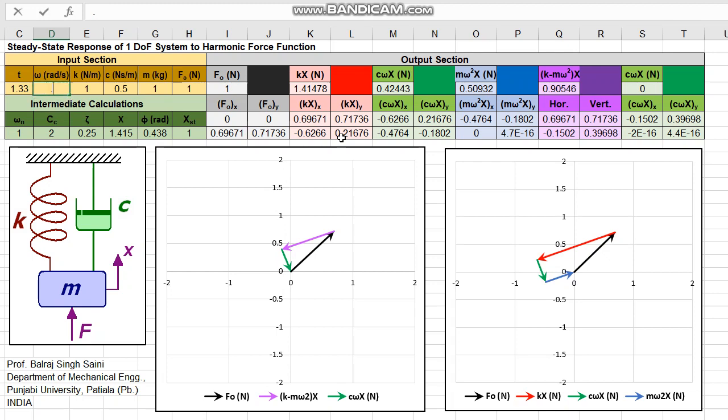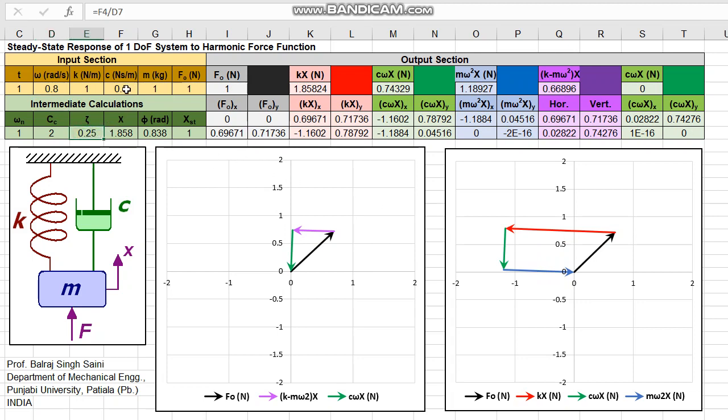As omega approaches omega n, phase angle phi undergoes a very abrupt change. The rate of that change also depends upon this damping factor zeta, or in other words, this damping coefficient C. So when zeta is small, the change is more abrupt. When zeta is large, this change is less abrupt, that is more gradual in that case.